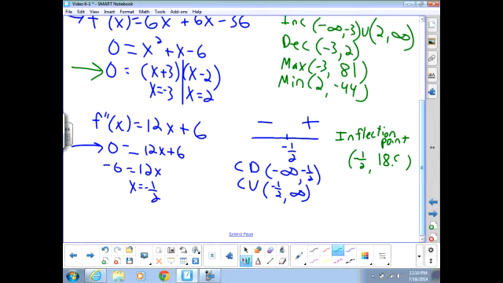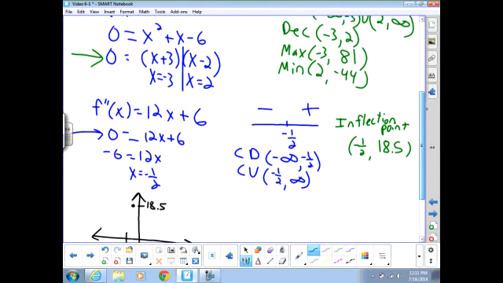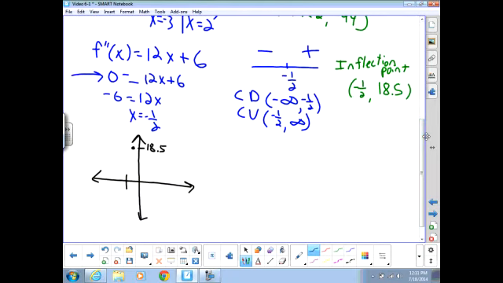We'll now go ahead and sketch our graph. We've got negative 1/2 comma 18.5. Actually, we'll bring this down a little further so we have room.